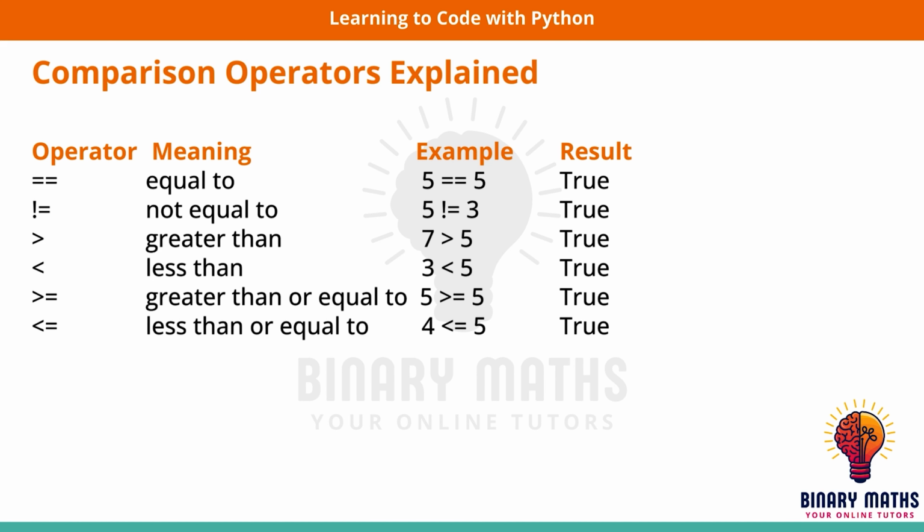For example, 5 is greater than or equal to 5. This is true. The less than or equal to symbols check if the first value is less than or equal to the second. For example, 4 is less than or equal to 5, and this is true. These operators are essential for making decisions in your programs.